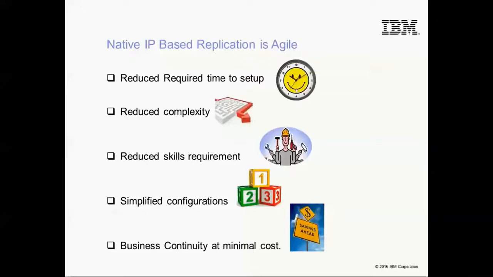This approach for storage-based remote replication of data simplifies the process, reduces the time required, and reduces the equipment, complexity and skills involved otherwise in setting up other types of replication. IP-based replication can provide you with business continuity at minimal cost.